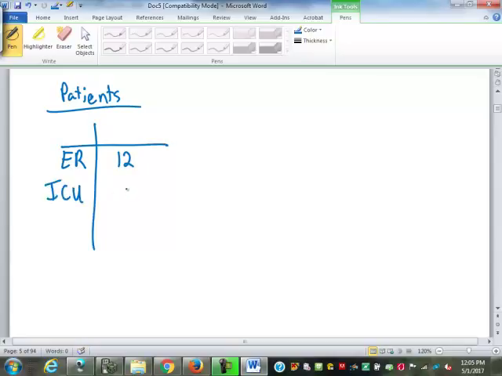The intensive care unit has 24, and for lack of a better word, I'm just going to put standard recovery has 84. So this is the type of patient here, and this is what we would call the frequency.